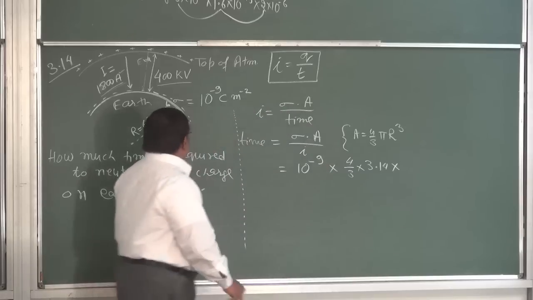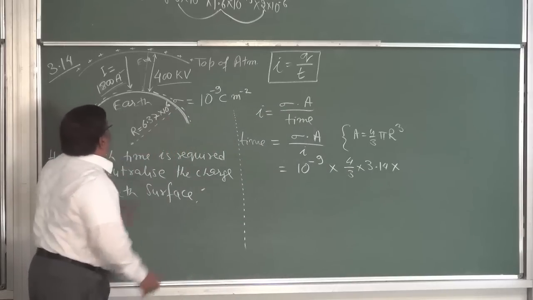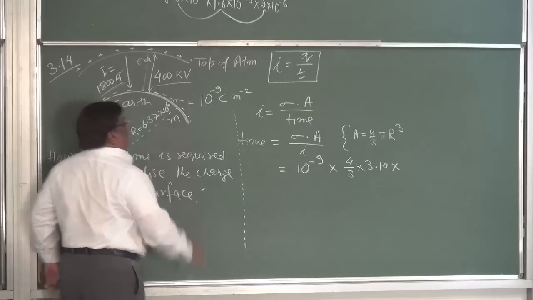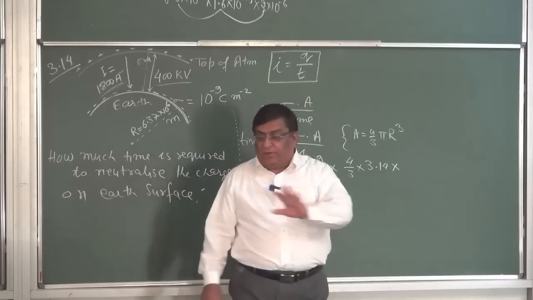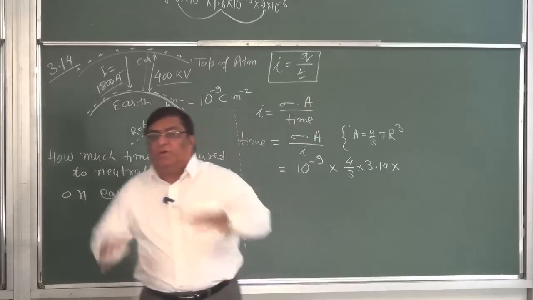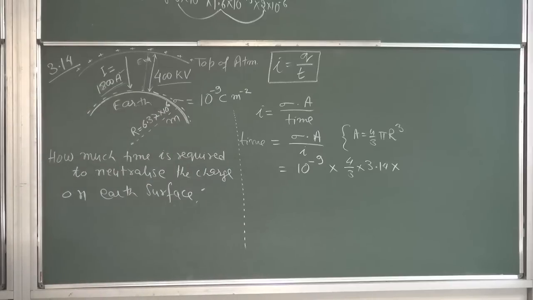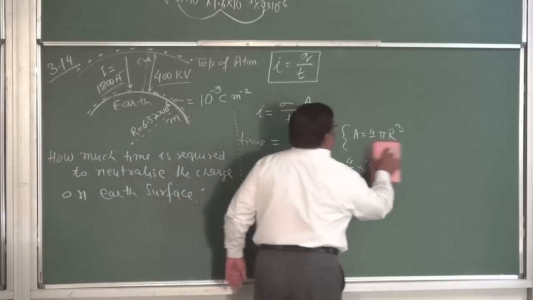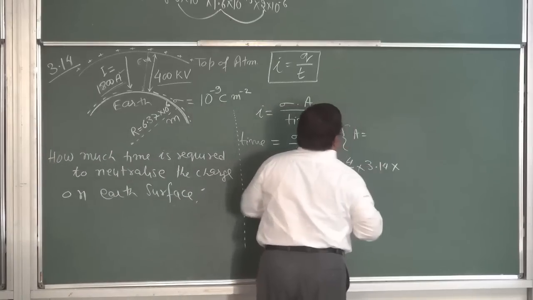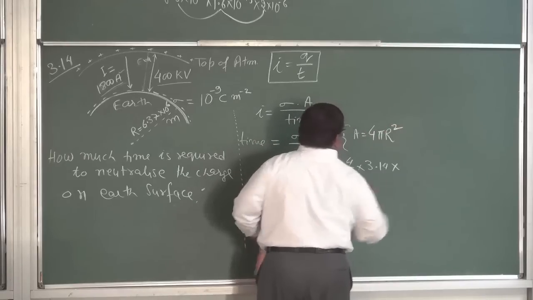R should be in meters. Here it is 6.37 into 10 to the power 6 meter, and we have to make, no, sorry. This I have taken volume. We have to take surface area, and formula for surface area is 4 pi r square. So this I should write as area 4 pi r square.